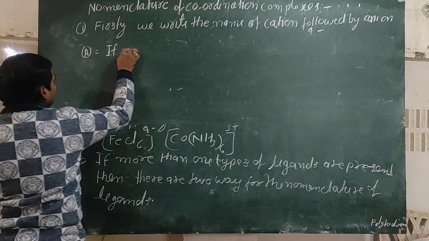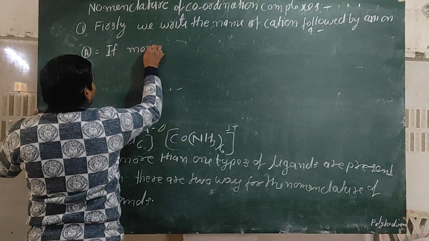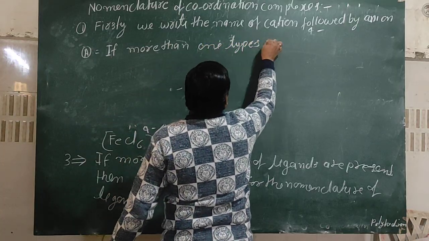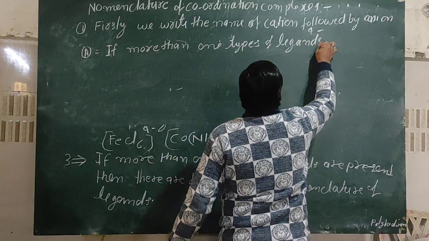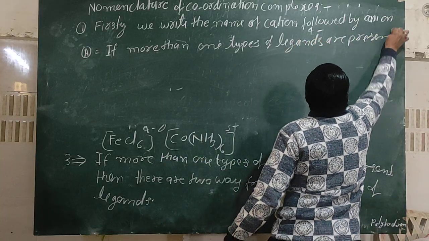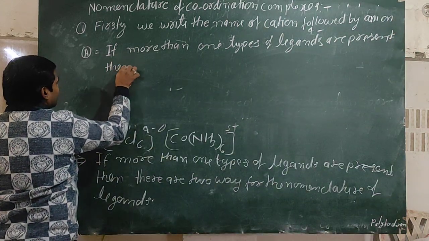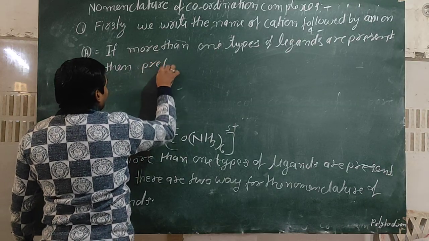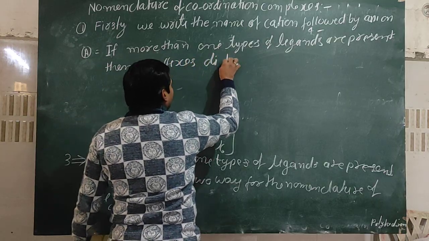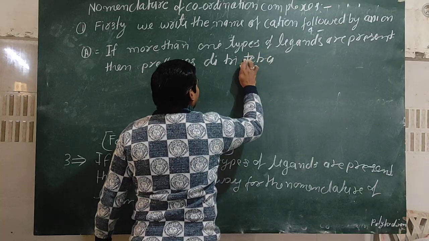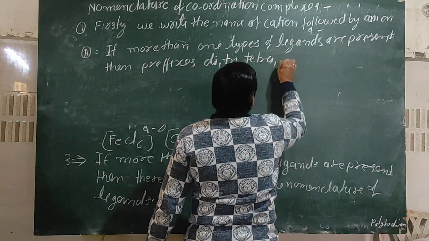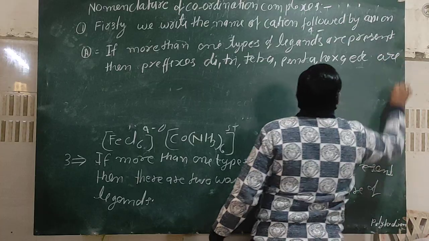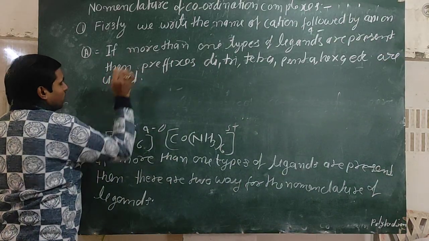If more than one of the ligands are present, then prefixes di, tri, tetra, penta, hexa etc. are used.